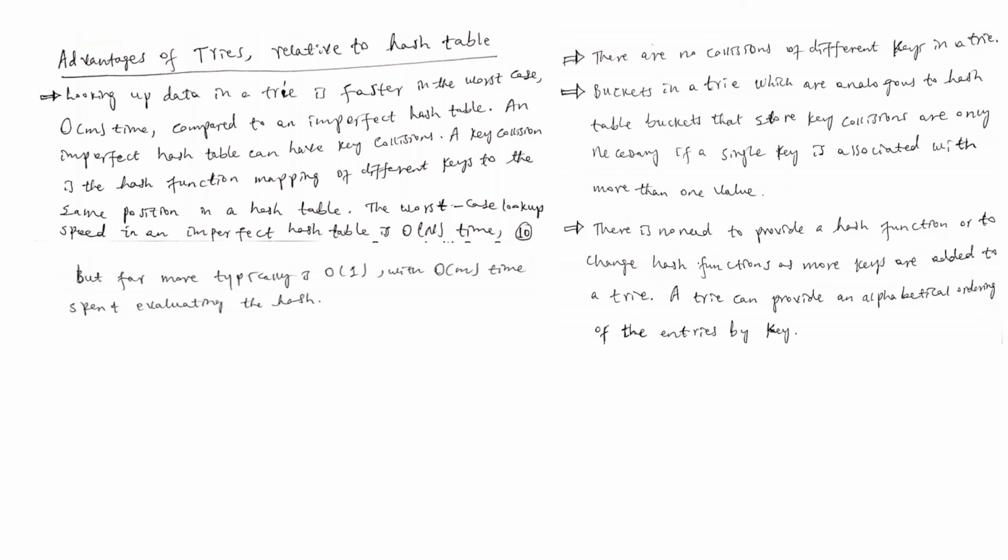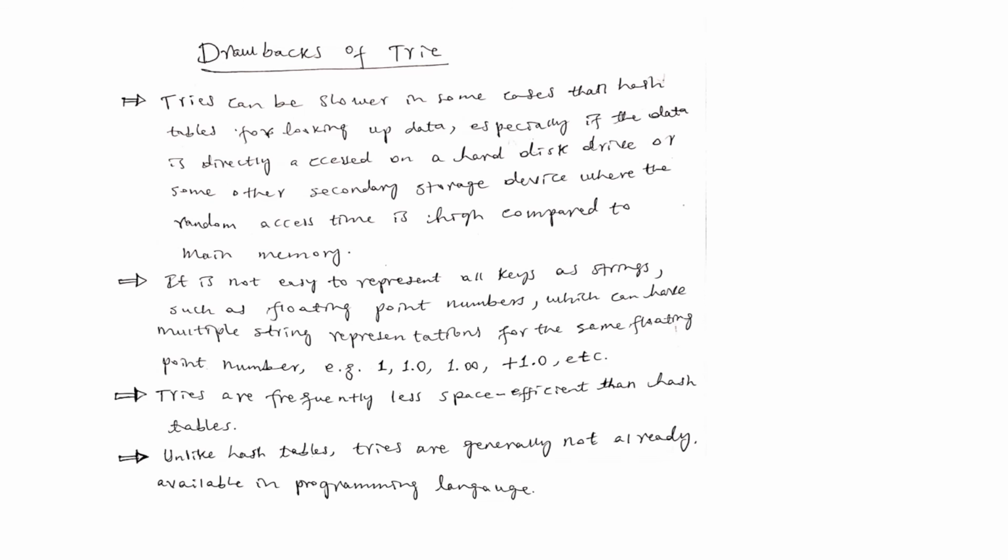There is enough space, to reduce the space. These are all advantages of trees, and later some disadvantages or drawbacks of trees. Trees can be slower in some cases than hash tables. They are slower in looking up data, especially if data is directly accessed on a hard disk drive or some other secondary storage device where the random access time is high compared to main memory.